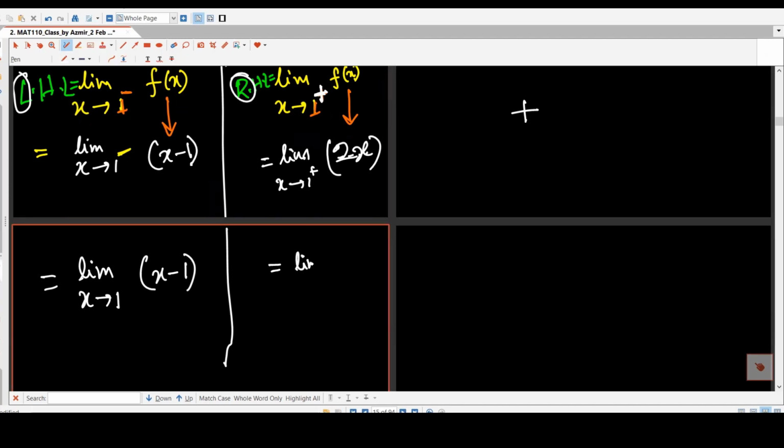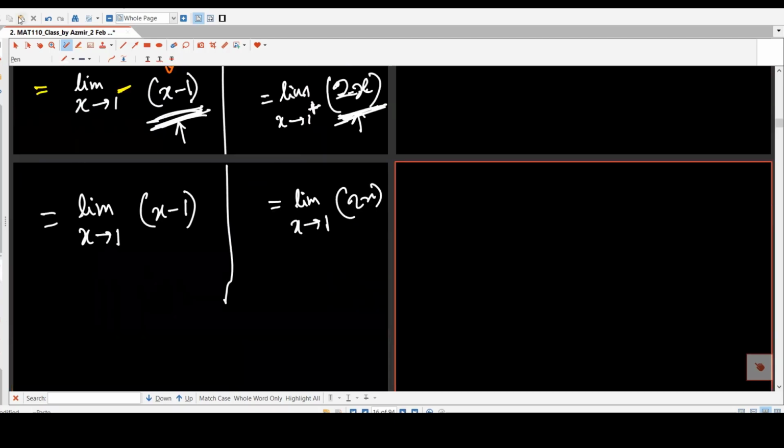So for the right-hand limit, x tends to 1. Now you can see that I have not written plus here. So the action for plus and minus is already done. This plus and minus has just guided us to understand which function can be plugged in these positions. So we have understood that the leftward function will be this one, the rightward function will be this one.